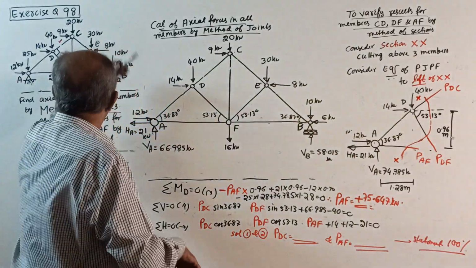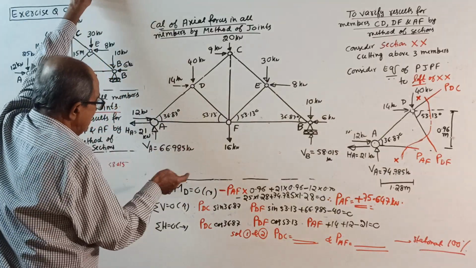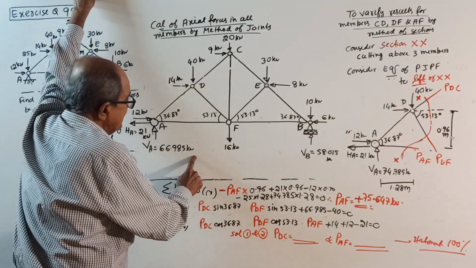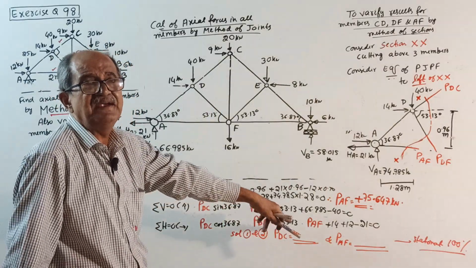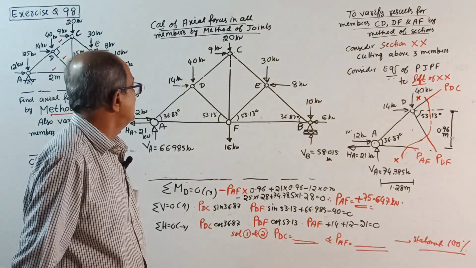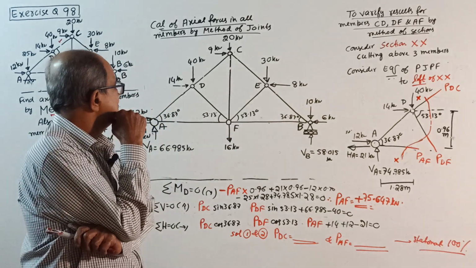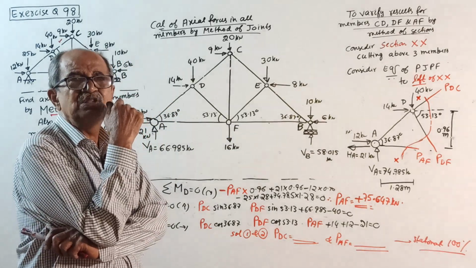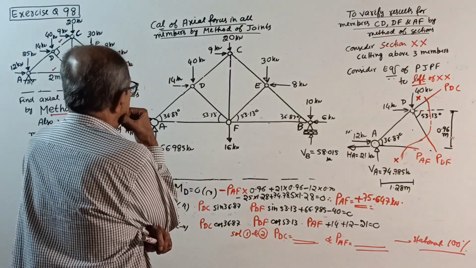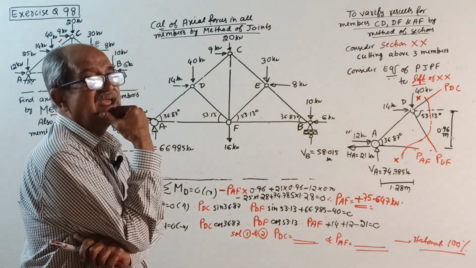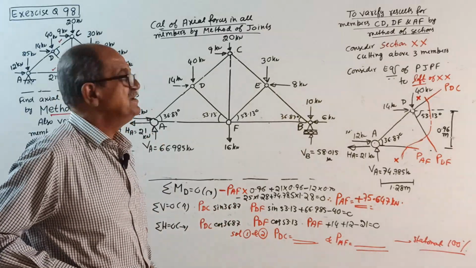Then where is the mistake? I searched. I found the reactions again and again: 66.985 and 58.095. I wrote the steps there. I checked that reaction calculation 4-5 times. Angles are checked. Then where is the mistake? I got somewhat frustrated. Then I saw here, and suddenly realized what the mistake is.